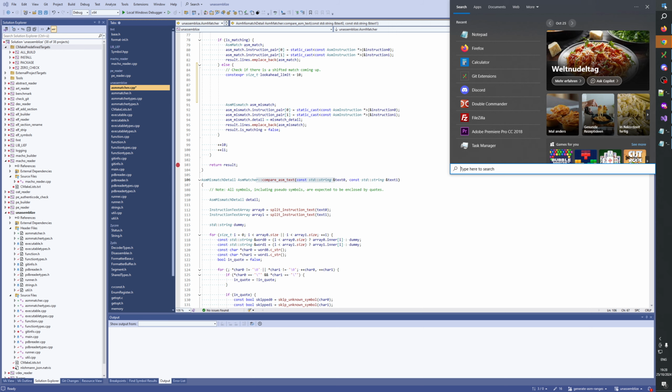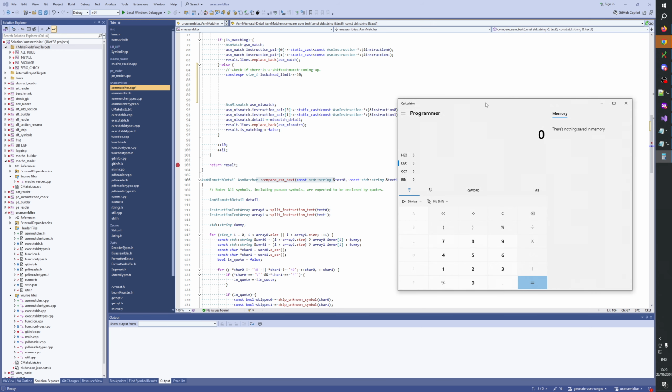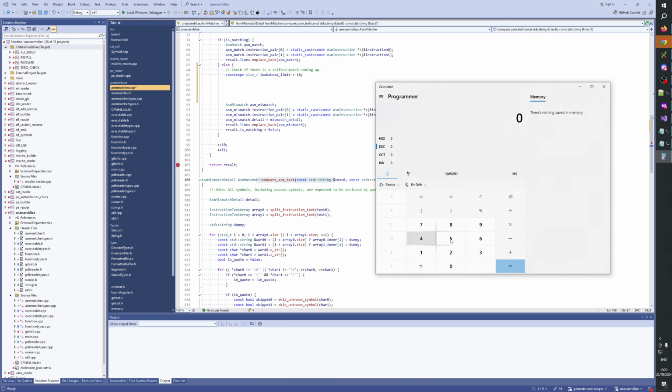Let's make an example. Let's say you have a function with 50 assembler instructions, and all of them will be mismatching. So worst case, super mismatchy.